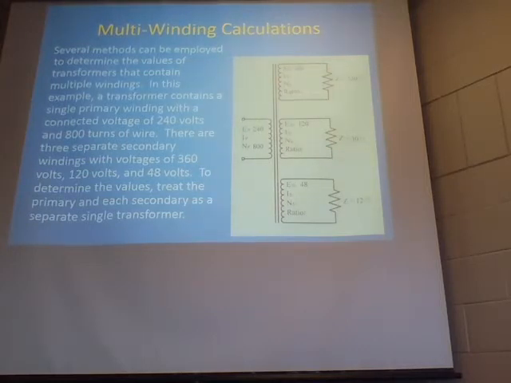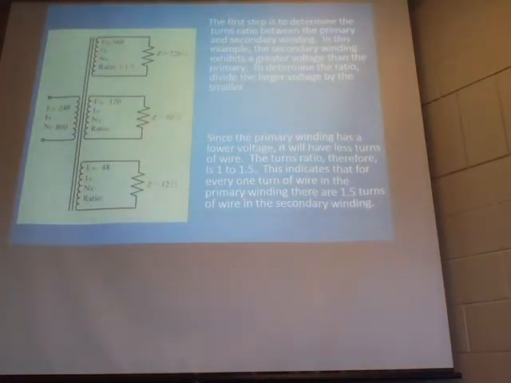To determine the values, treat the primary and each secondary as a separate single transformer. If you go from here to here, do similar calculations as before. Turns ratio from here to here is 1.15.